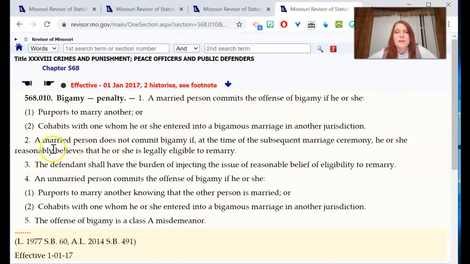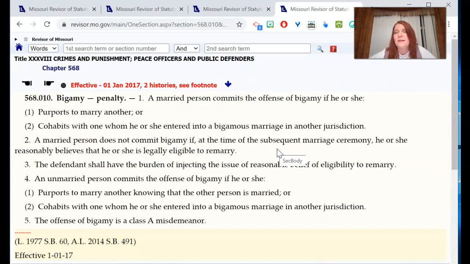And then it says, a married person does not commit bigamy if, at the time of the subsequent marriage ceremony, he or she reasonably believes that he or she is legally eligible to remarry. So let's say you filed your divorce papers, signed them and mailed them off, and they got lost in the mail.